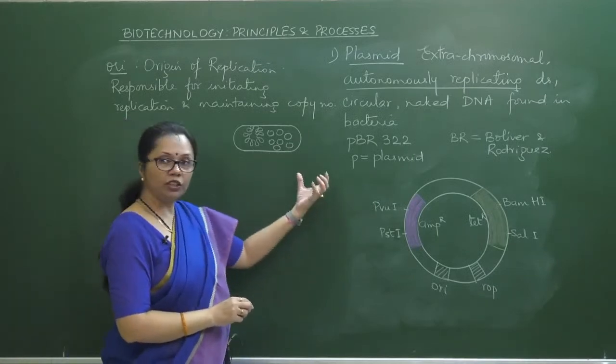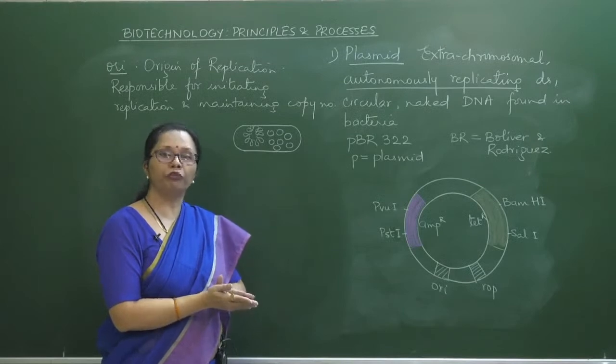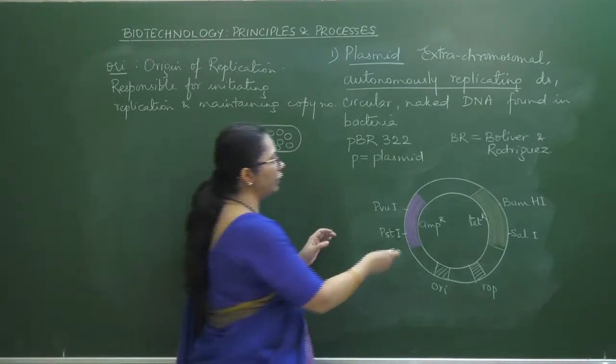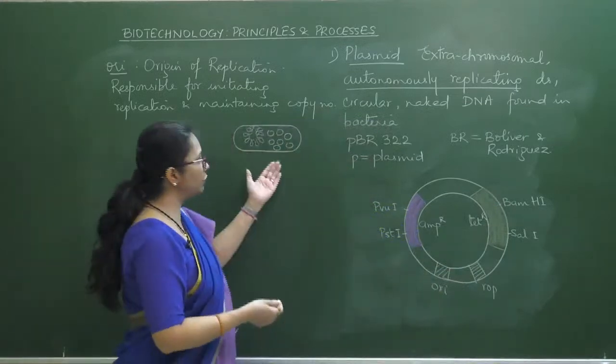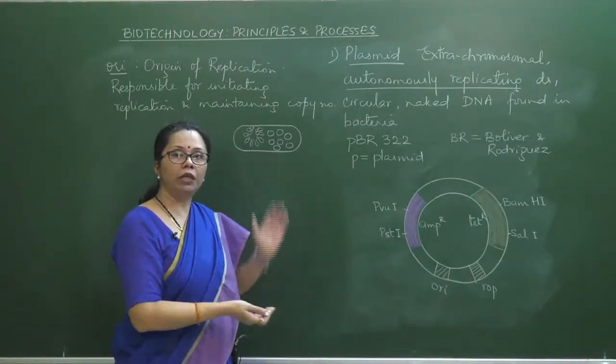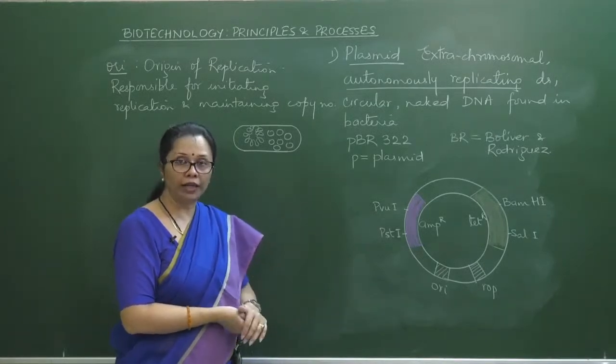So a plasmid in which high copy number can be maintained is preferred, of course, because if we have put a gene of interest here, as many copies as this plasmid forms, that many copies of the gene of interest are there. So the gene gets cloned in that manner.